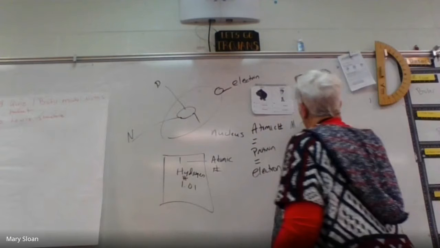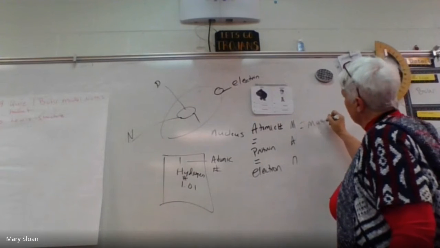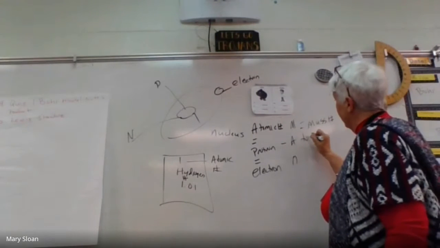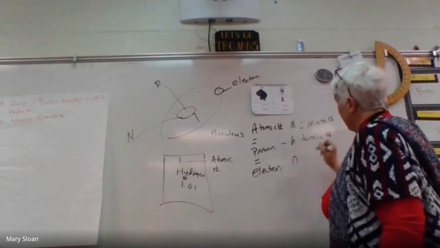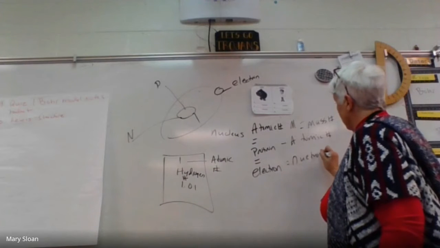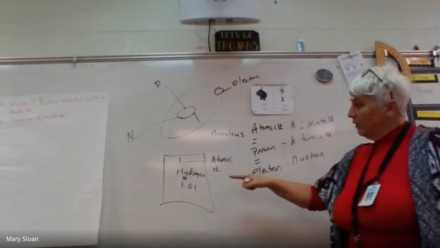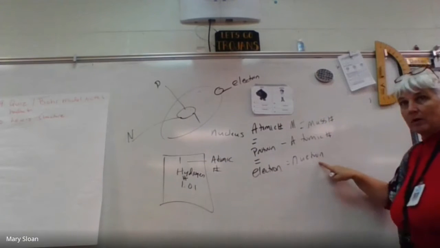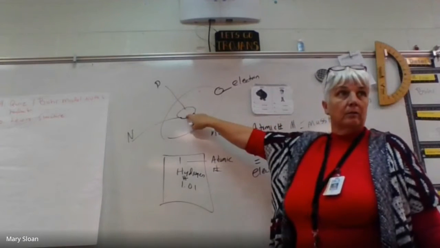What does MAN stand for? Mass number. And that's going to be mass number subtract atomic number equals neutrons. So if we took this number, subtract that number, that's going to tell us our neutrons, and that was going to be in the middle.